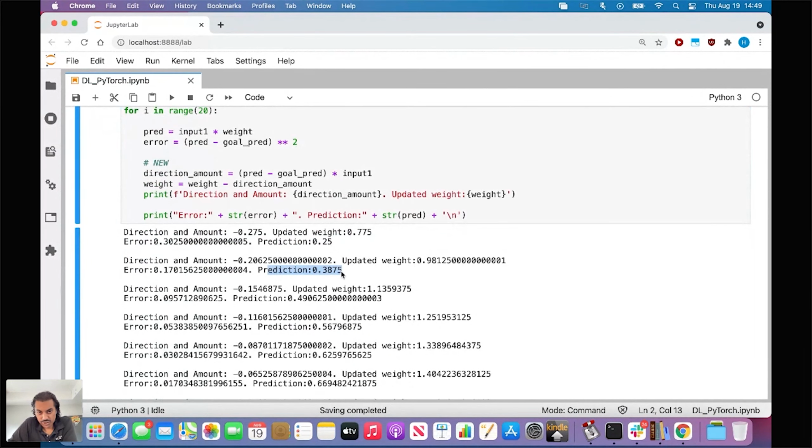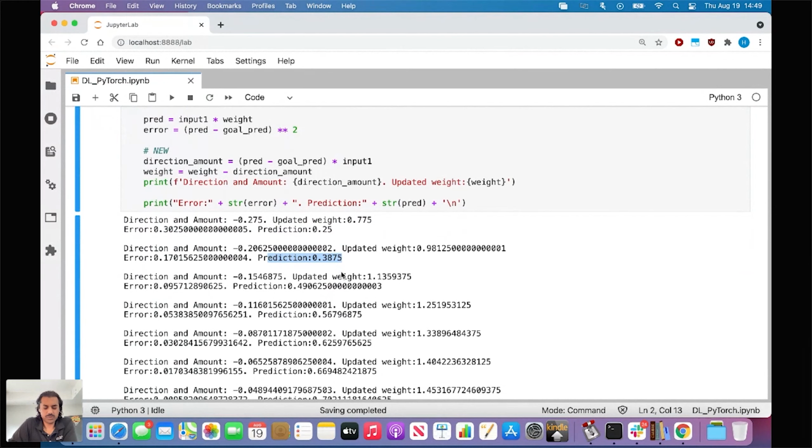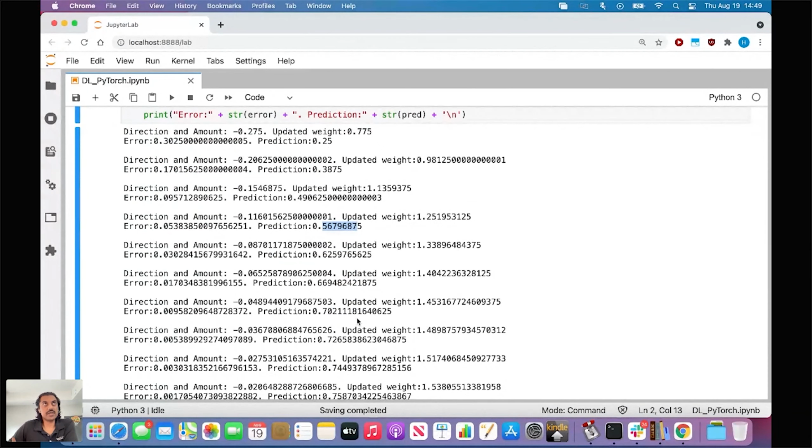Here our prediction is 0.3875, 0.49, 0.56. Is everyone getting the feel of this? Yes, this is a very simplified example, but when you run deep learning with all those different layers, under the hood this is exactly the same thing that's happening.